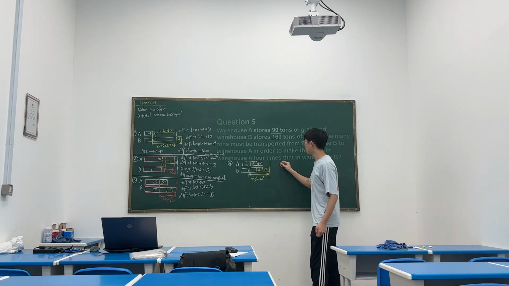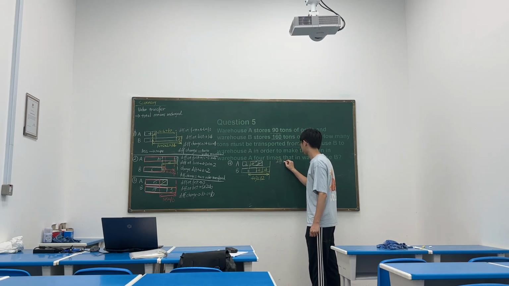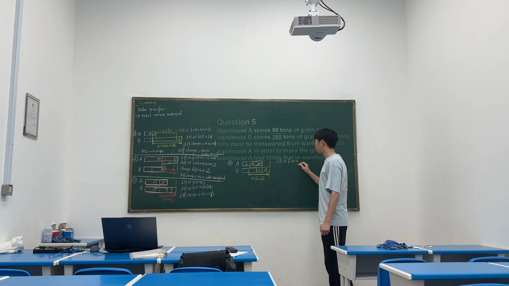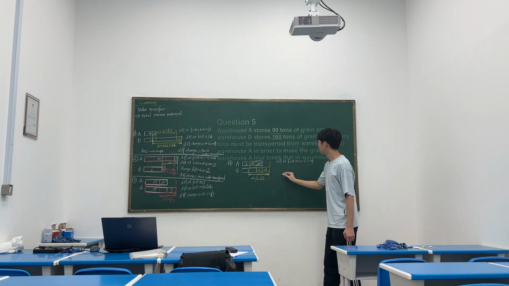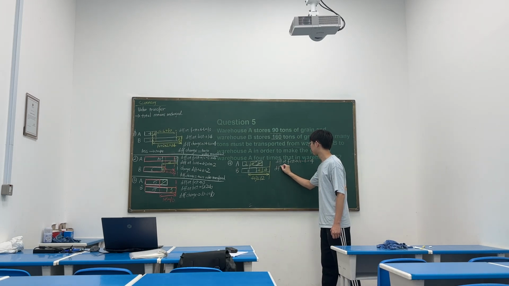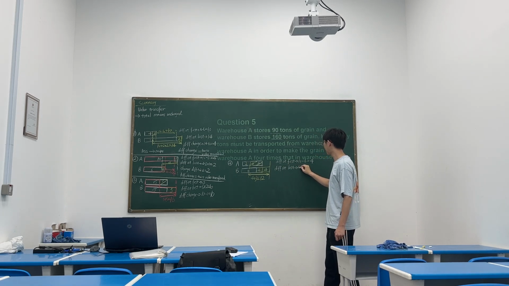Now again, let me write down the difference at first. 10 minus 6 equals 4. The difference at last equals 4 times 3 equals 12.